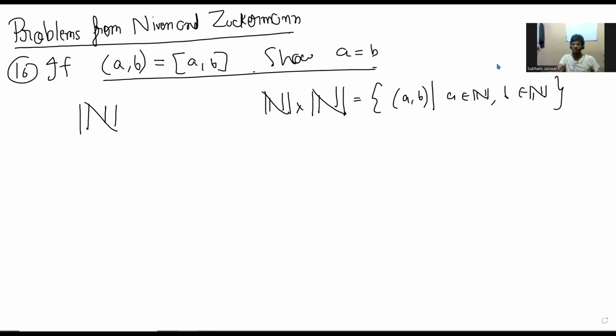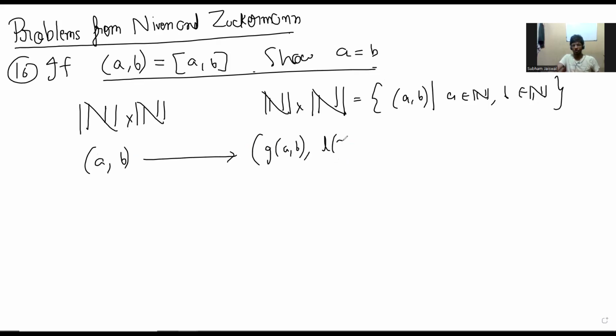Let's try. If I take pairs of numbers, here the pair doesn't mean GCD, just pairs of numbers. And I send it to, let's say, the GCD of the two numbers, comma, the LCM of the two numbers. Both sets are pairs of natural numbers.